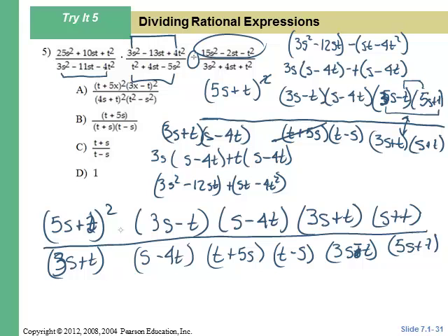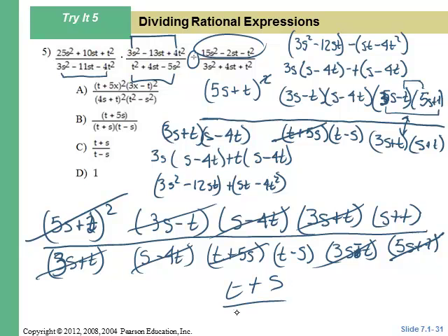Okay, 5s plus t cancels against this one and this one, so those are both gone. 3s plus t cancels against this one. 3s minus t cancels this one. S minus 4t cancels this one. And we could have t plus s over t minus s if we would switch these two around.